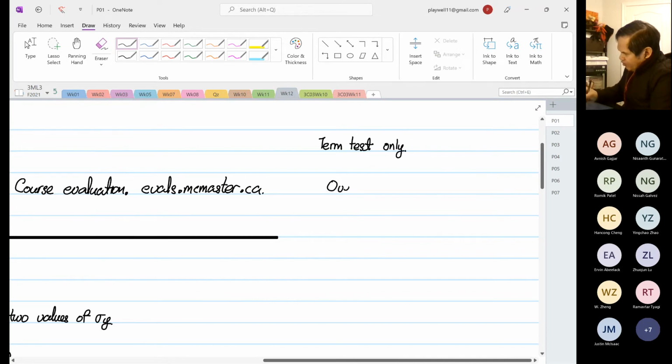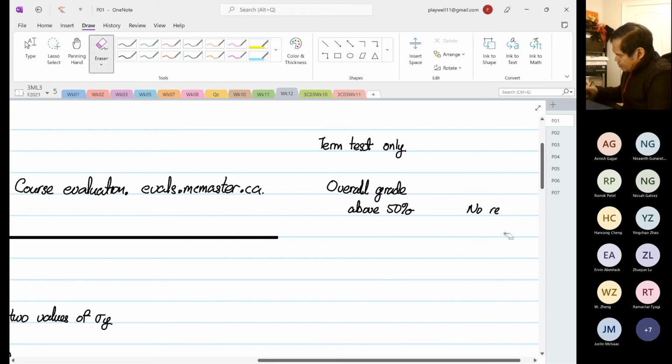If your overall grade is above 50%, there will be no correction. Our overall is out of the maximum grade.